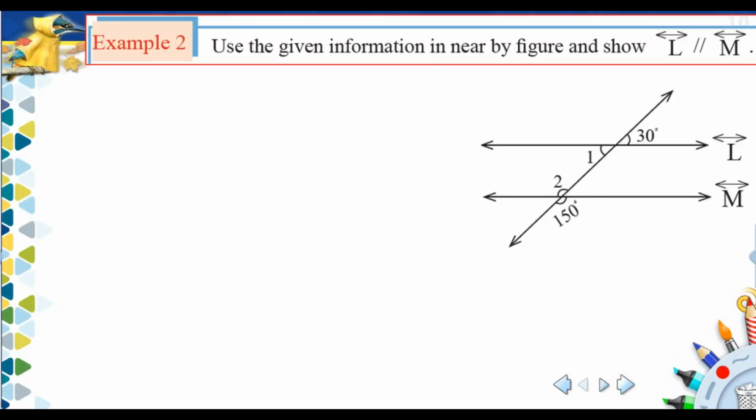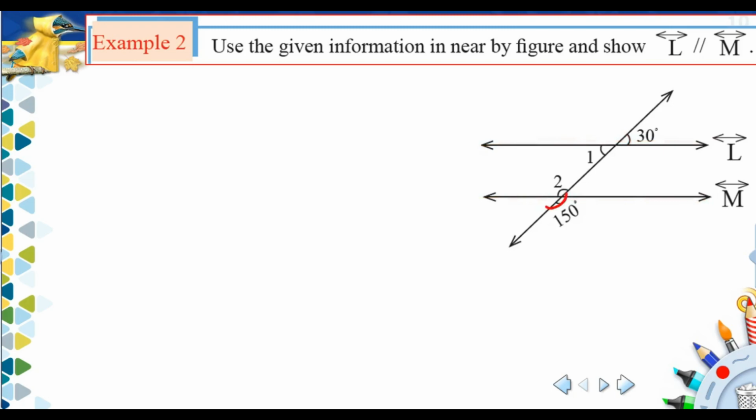Another example. Use the given information in the nearby figure and show that line L is parallel to line M. That is the figure, that is line L, that is line M. He wants to show, prove that line L is parallel to line M. Look, this angle is 30 degrees, 30 degrees.